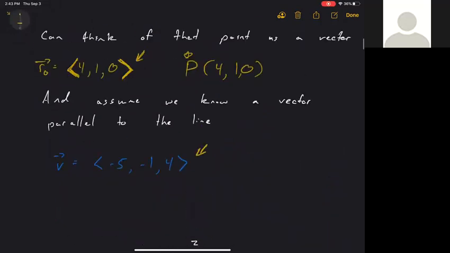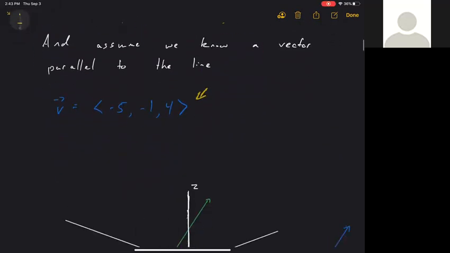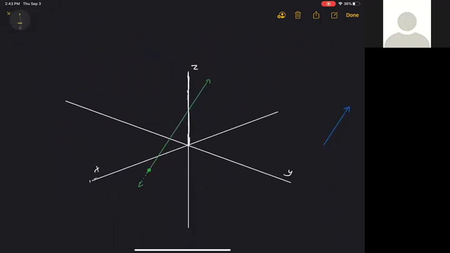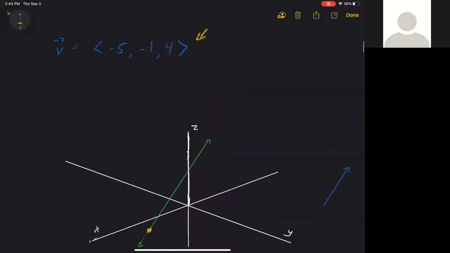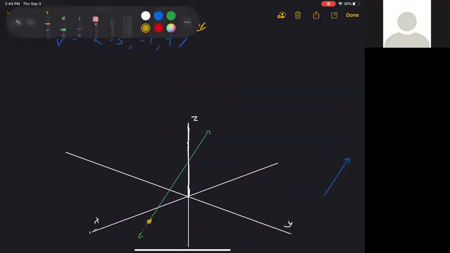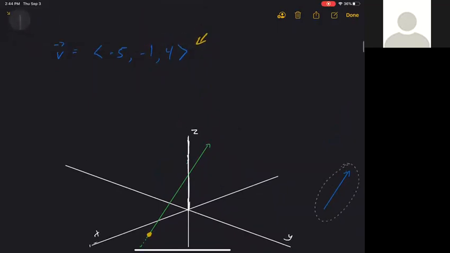We're saying the point (4, 1, 0) is on the line, and that's what I've drawn here, that point there. And then we know this vector, (-5, -1, 4), is parallel to my line. I've drawn it off to the side.